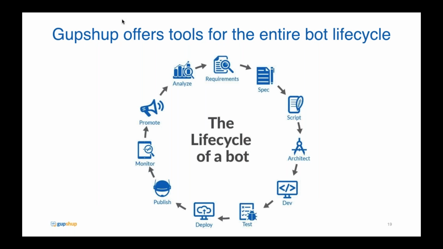So let's talk about the bot cycle here. It's very similar to a software development life cycle. You start off with the requirements, sketch out what you need for your bot, what your bot is really going to do. Make the specifications, where you jot down what exactly your bot is going to do and how it's going to work, and then write the script. This is the interesting bit.